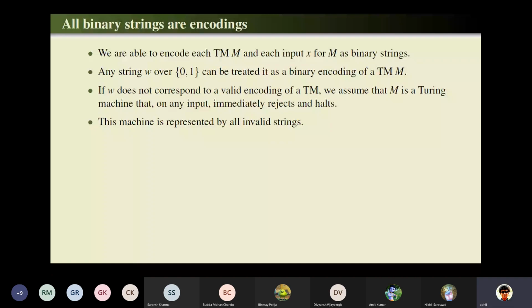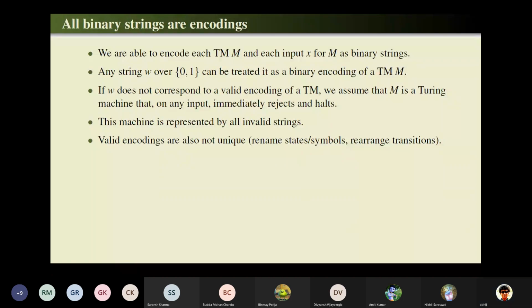In fact, you can even say that these valid encodings are also not unique. Why? Because you have some states like S, R, T, P, Q, U, V, and we have given some numbers 0, 1, 2, up to n minus 1. We can always change this numbering. Start state is 0 in one encoding, and start state may be 1 in another encoding.